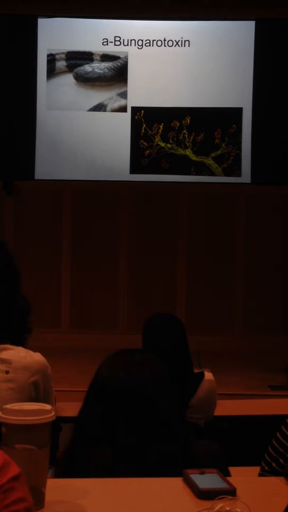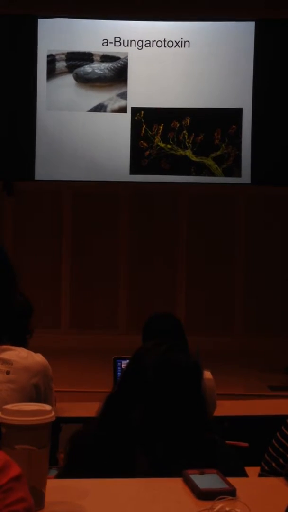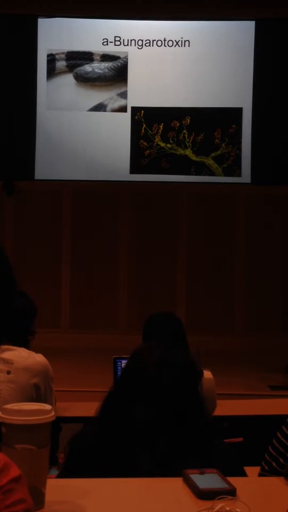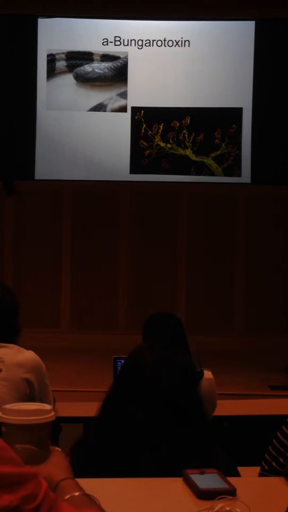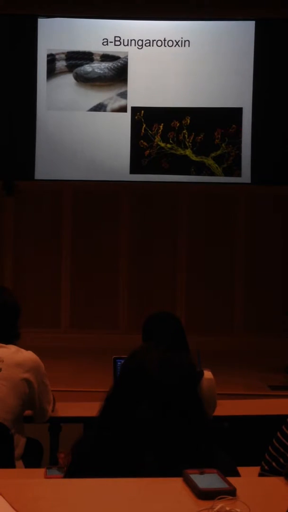What you see on the right is going to be the muscle. You don't see the muscle because it's in black. However, what you see in yellow are motor units and motor neurons going down the muscle, and what you see in red are the nicotinic receptors.